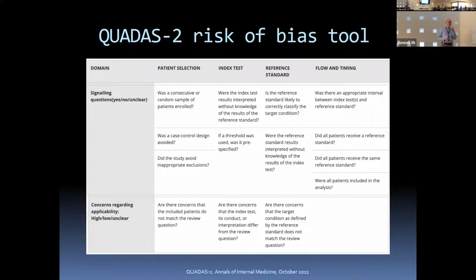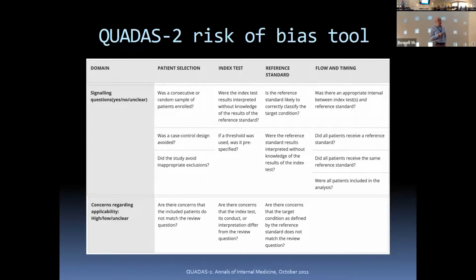We had QUADAS-1, and then in 2011, the QUADAS-2. And essentially, the way it's set up is quite nice. It's looking at patient selection, index test, reference standard, and flow and timing, right? And the signaling questions are really to figure out, for example, under patient selection: was a case control design avoided? That's a very serious, important question to ask.